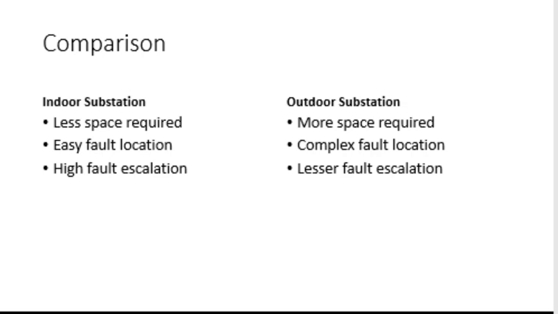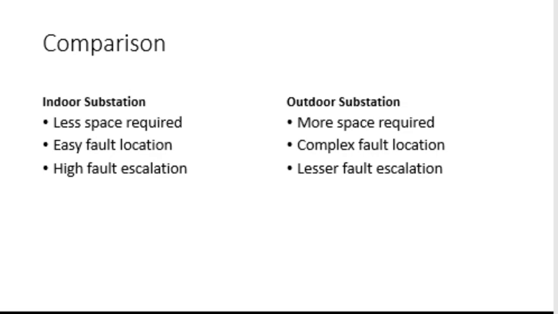But as all the equipments are connected very near to each other, there will be high chances of fault escalation in an indoor substation. But in an outdoor substation there will be very lesser chances of a particular fault escalating at a particular location. It is very easy to understand that if the equipments are very closely packed, the fault can be escalated very easily in the indoor substation.